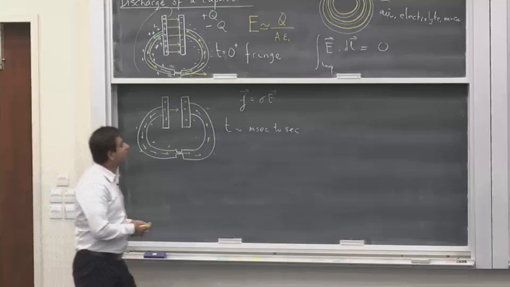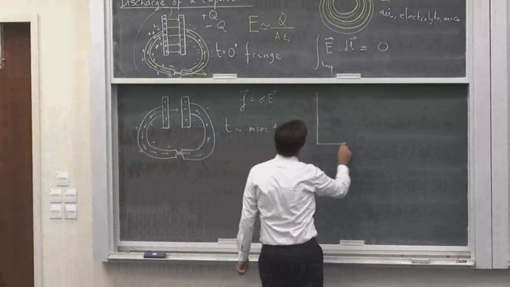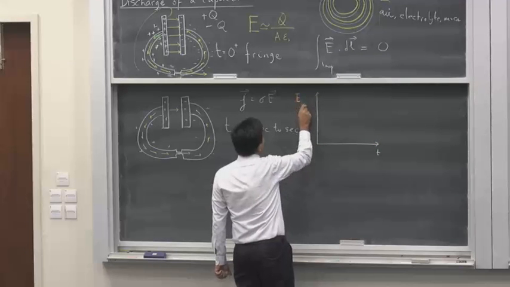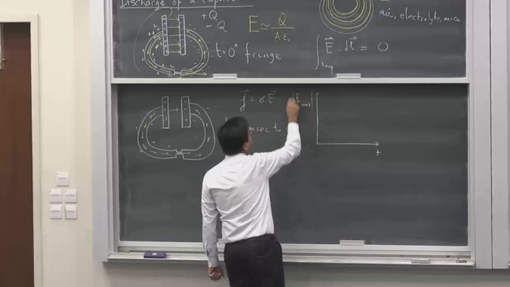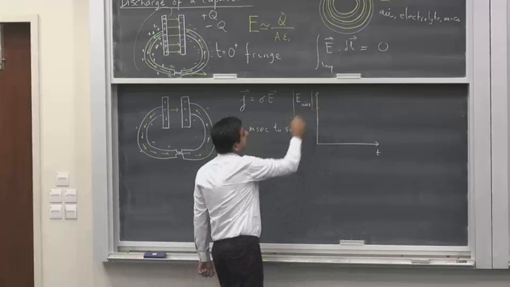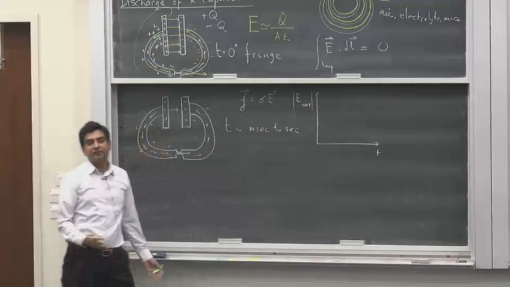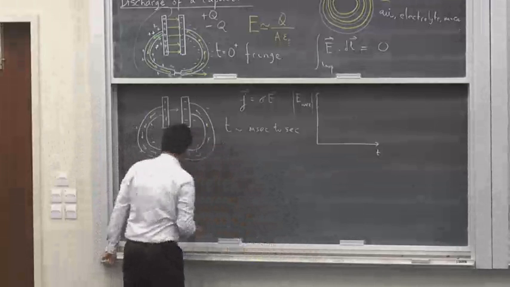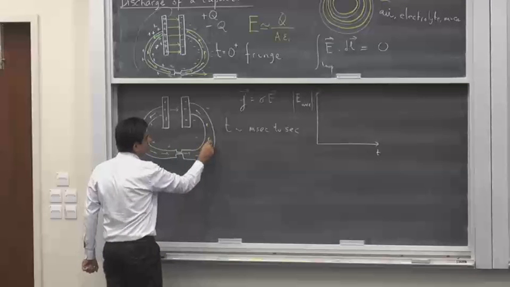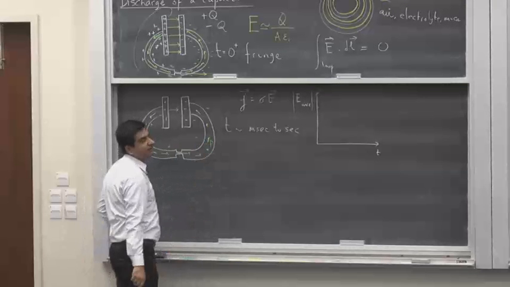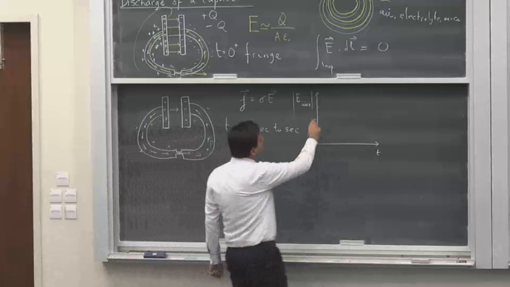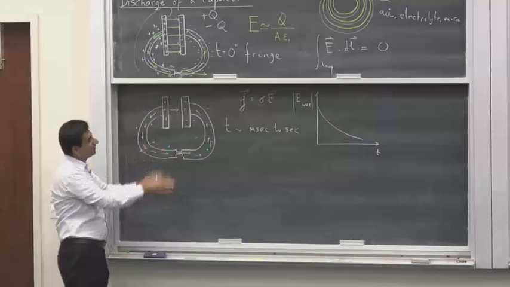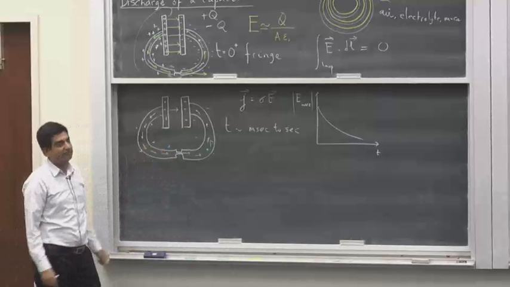Now if I were to plot with time the electric field, its magnitude of course, that's set up inside the wire, initially at time t equals 0, the field was maximum. At some point, say I choose a point P, the electric field is maximum, and with time it's going to decay. Because charge is being depleted, the fringe field is decaying.